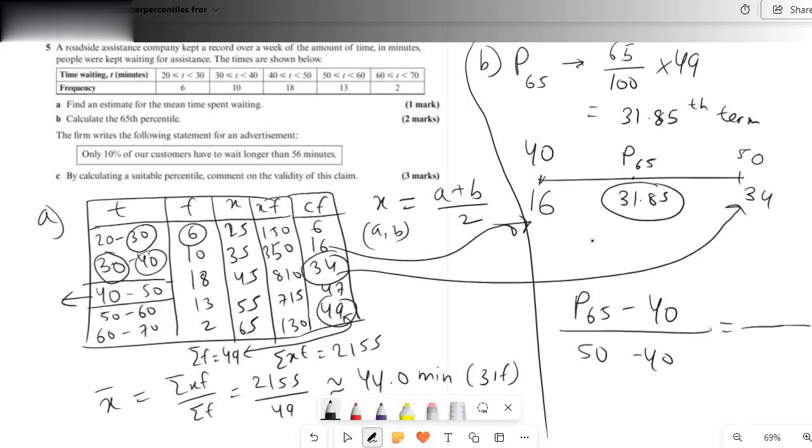So the frequency for P65 was 31.85, subtracted with 16, and then for the class boundary of 50, this is 34 subtracted with 16. So we can find P65 being equal to 40 plus 10 multiplied by 317 divided by 360, and this gives us an answer of 48.8 minutes.